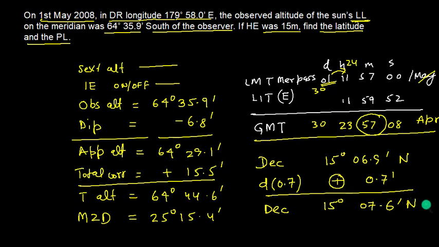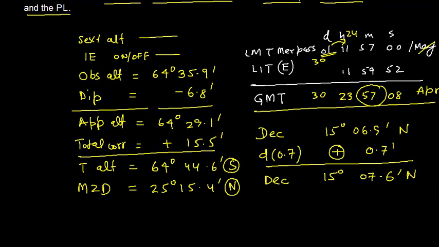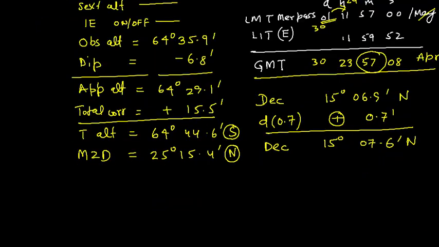Now it is the time to analyze. First of all, it says that the sun was south of the observer. So that means this was south, so meridional zenith distance is going to be north, opposite. So what is the value of latitude? By thumb rule, you just add them together. So latitude will be just the sum of the two.